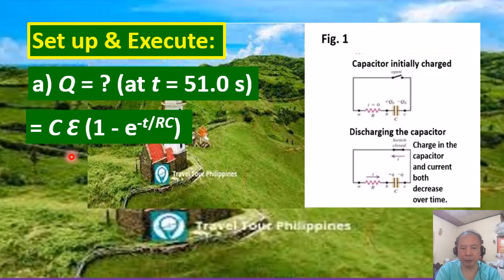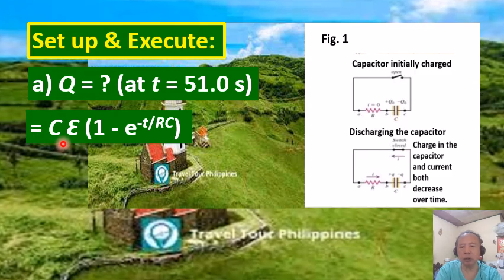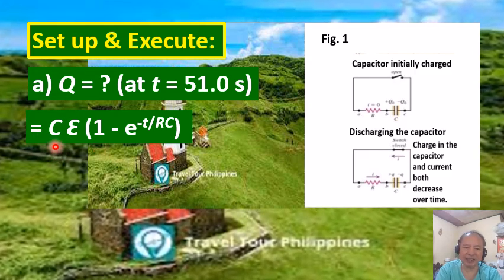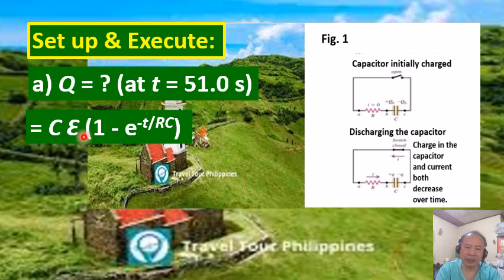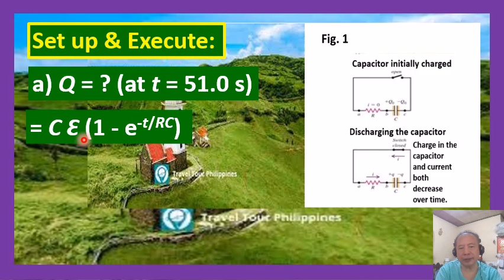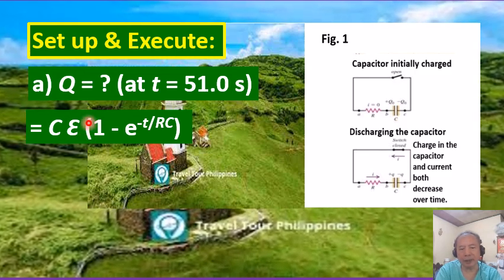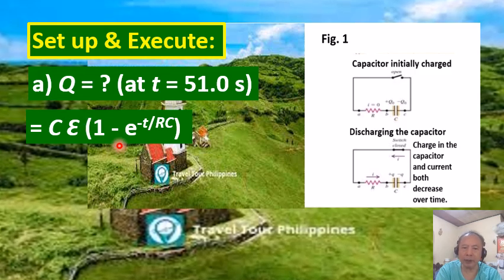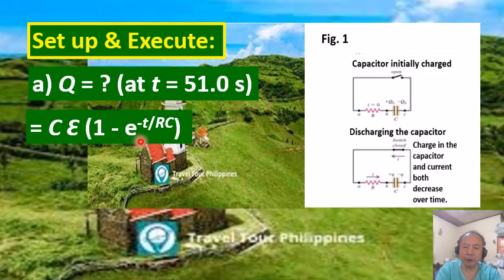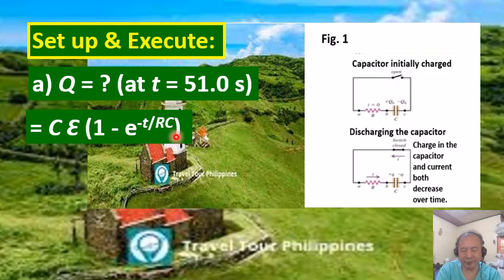So the formula to determine that amount of charge big Q is just to multiply the given capacitance, capital C, and the given electromotive force or EMF, represented by epsilon here, and then their product will be multiplied by quantity 1 minus Euler's number raised to the negative t over RC, right?